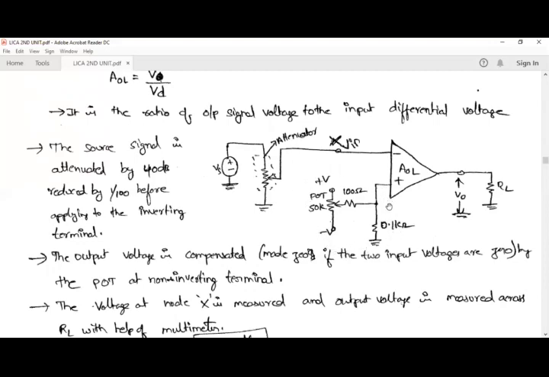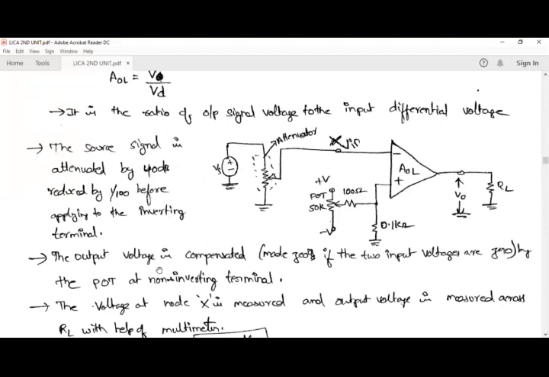So this circuit is used for offset null, and then we are going to apply our signal through an attenuator. First, the source signal is given to an attenuator, which attenuates by 40 dB, that is reduced by 1 by 100, before applying to the inverting terminal.